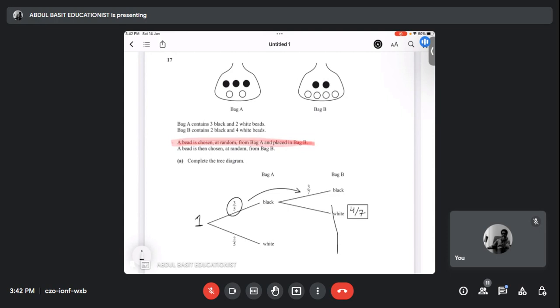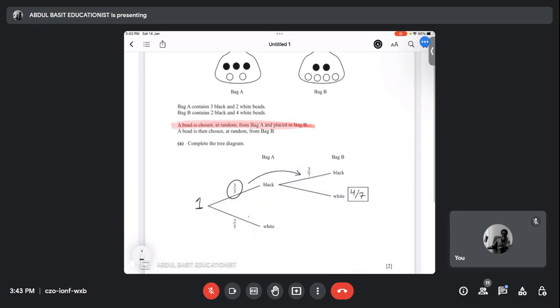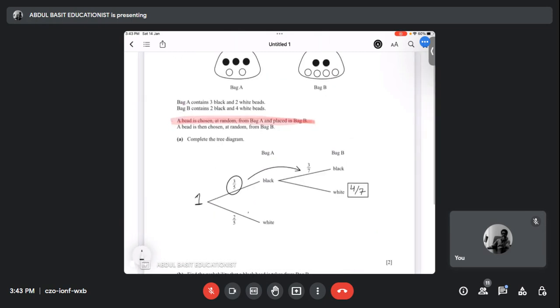Okay, now it's time to complete this tree diagram. Hurera, can you hear me? ब्लैक, white. हाँ जी, Hurera, pick a ball from bag A, and you see that the probability of white ball is 2 out of 5.